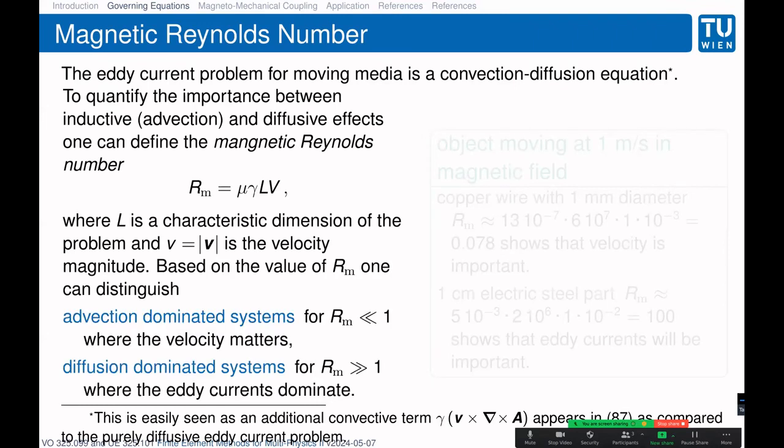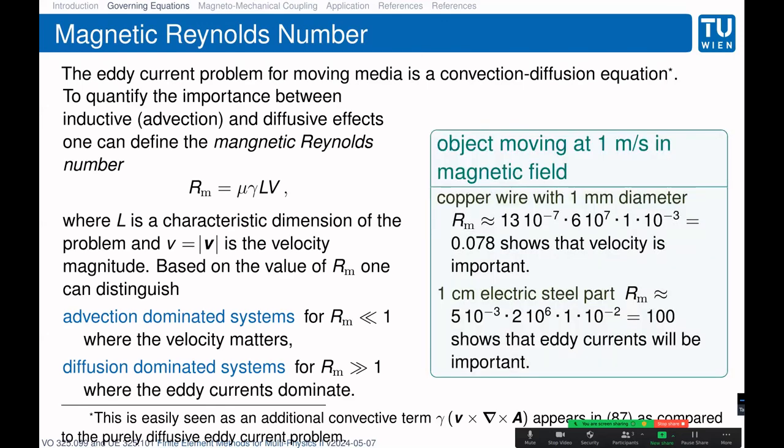And based on the value of the magnetic Reynolds number, you can say if this is an advection dominated system for small magnetic Reynolds numbers, or it's diffusion dominated for large magnetic Reynolds numbers.